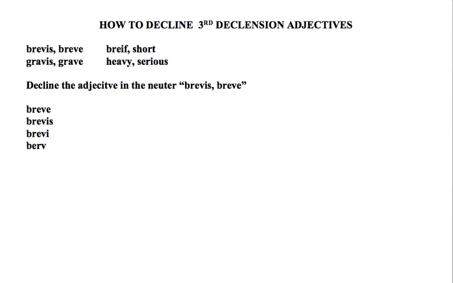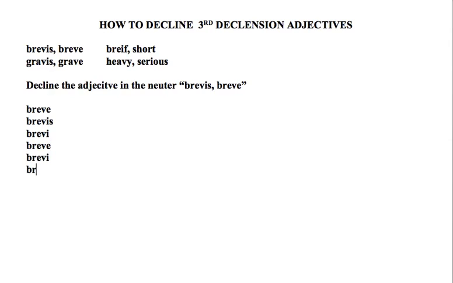When I'm dealing with neuter, I have to remember that the neuter accusative singular looks the same as the nominative singular. So I'm just going to put an e on there. I have to spell the base of it the correct way though.